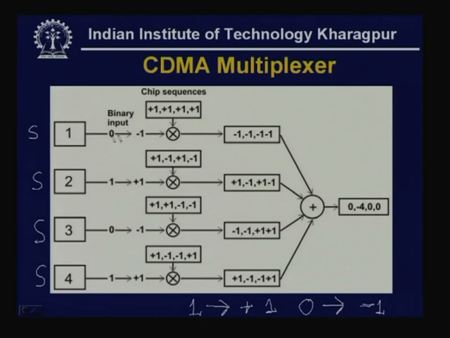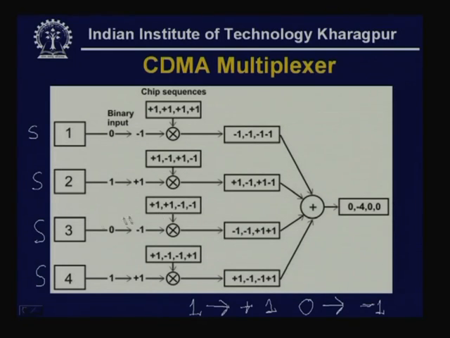Now, each of these stations has a unique chip sequence. The chip sequence for channel 1 is +1, +1, +1, +1. On the other hand, for station 2 it is +1, -1, +1, -1. It is different from the chip sequence of channel 1.